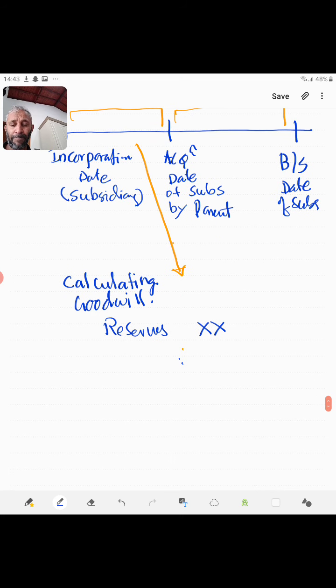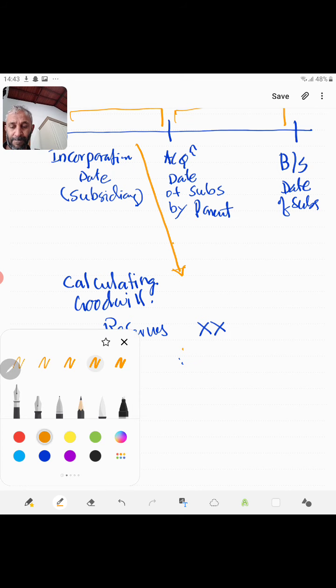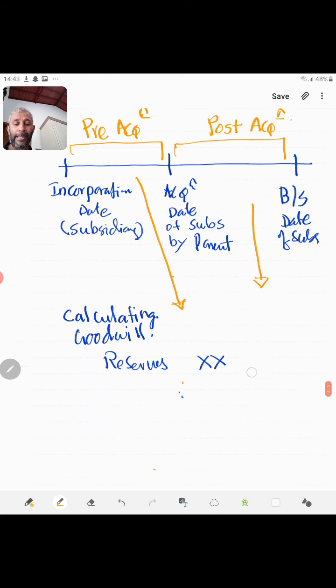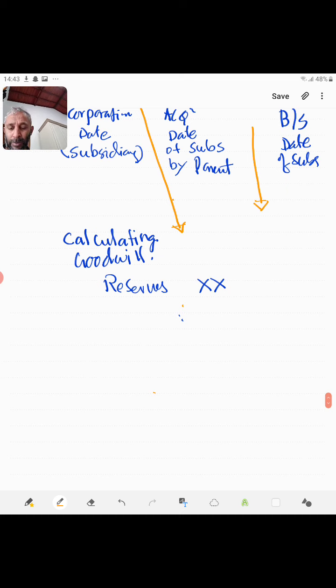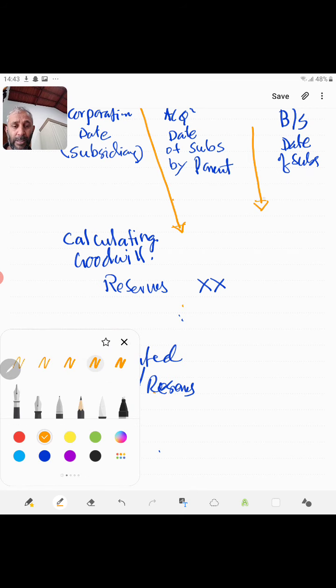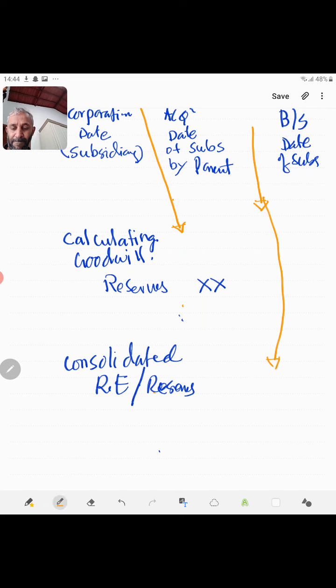On the other hand, what will happen with this? This one is known as the post acquisition, and we have to use it in calculating consolidated retained earnings or reserves. So therefore, we have to bring it here. That's how the analysis will continue.